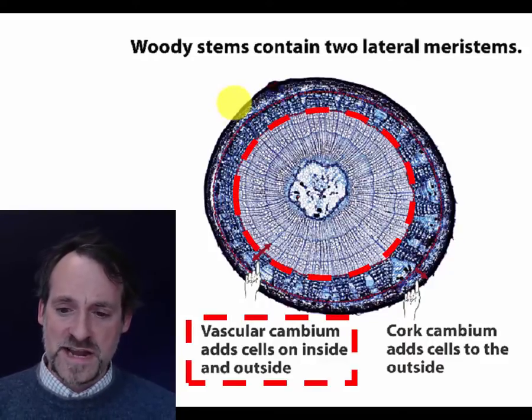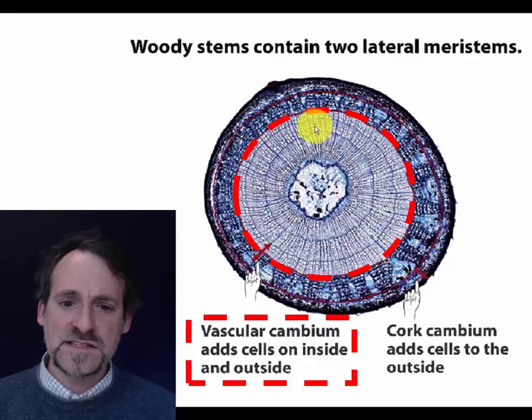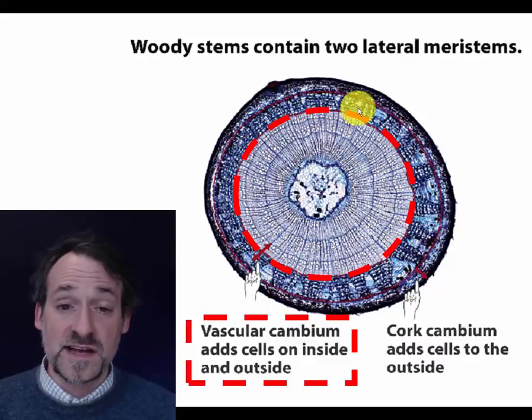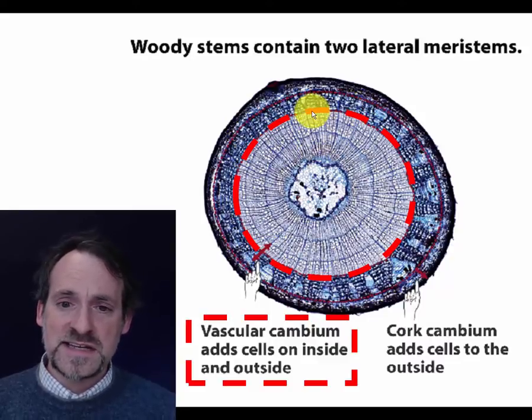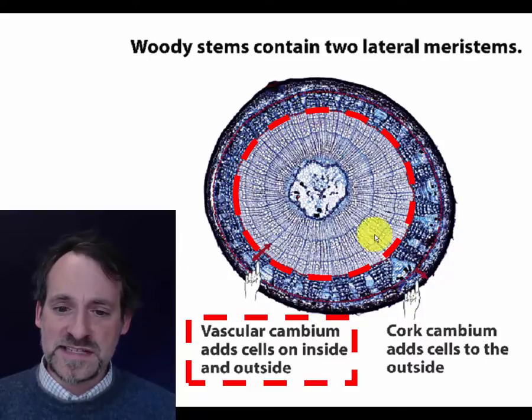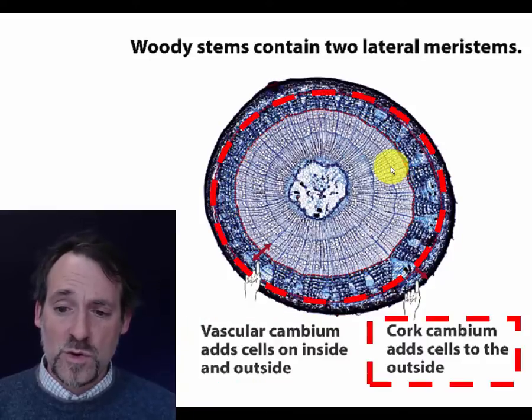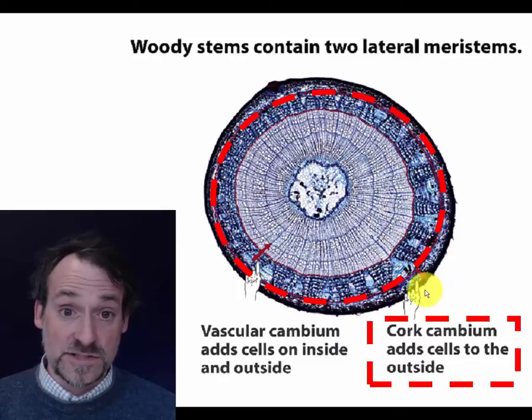The vascular cambium is this layer that's more toward the inside of the plant. It adds new cells on the inside of itself, but also on the outside of itself. The cork cambium, which is farther out, only adds cells to the outside.